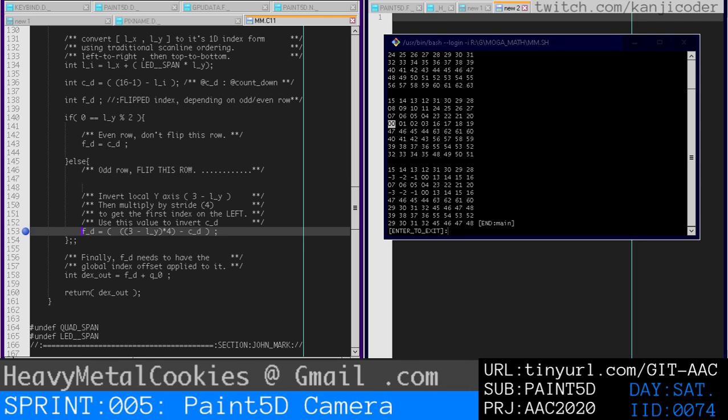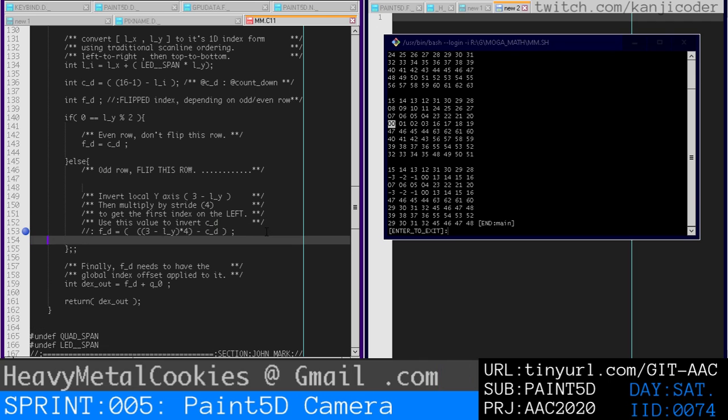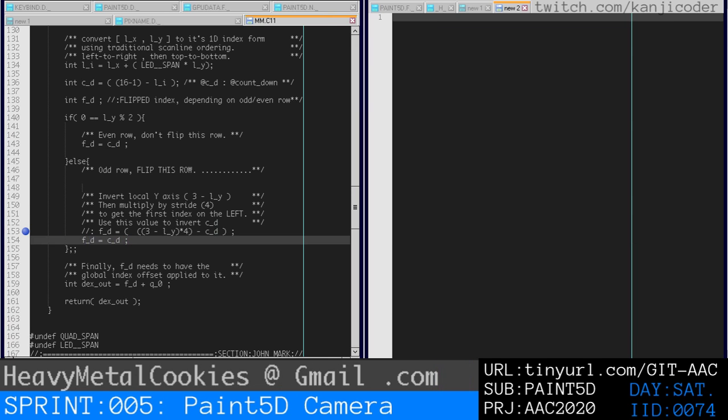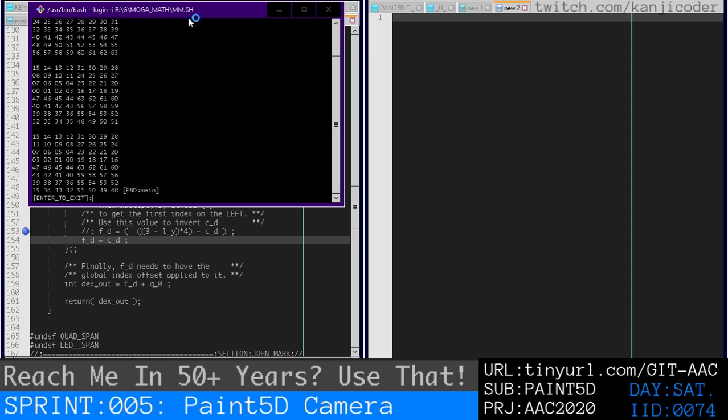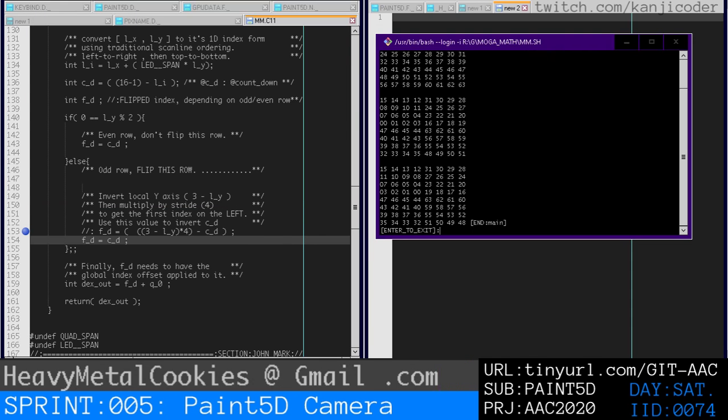Okay, let's just say we do FD equals CD really quick. Because I think that if we do that, we're not going to see the snaking pattern we're trying to get. And now we see 15, 14, 13, 12, 11, 10, 9, 8, 7, 6, 5, 4, 3, 2, 1, 0.